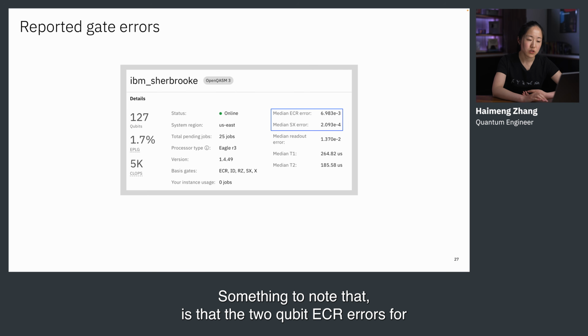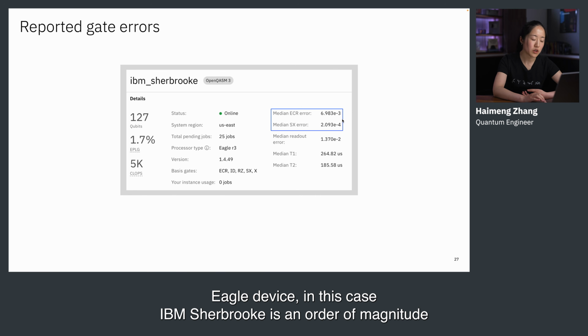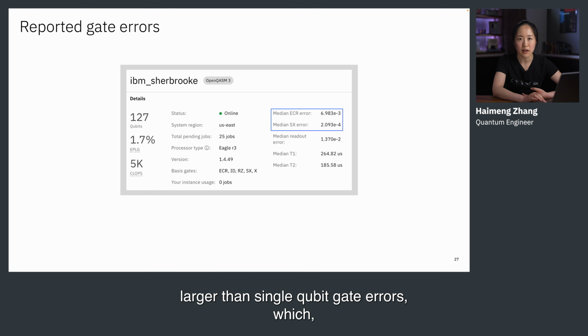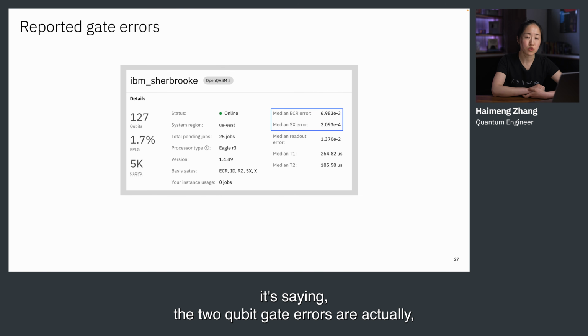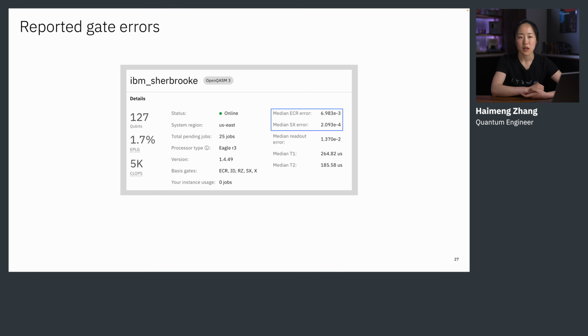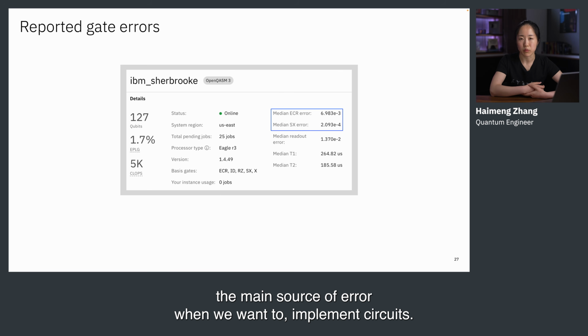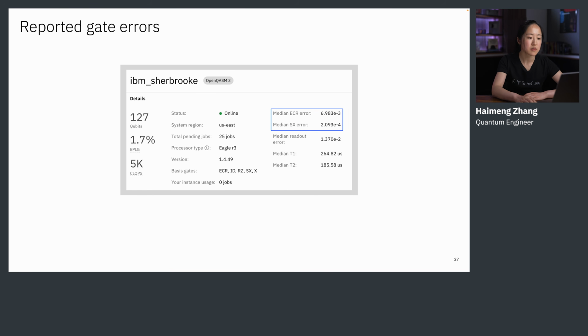Something to note is that the 2-qubit ECR errors for Eagle devices, in this case IBM Sherbrooke, are an order of magnitude larger than single qubit gate errors, which is saying the 2-qubit gate errors are actually the main source of error when we want to implement circuits.